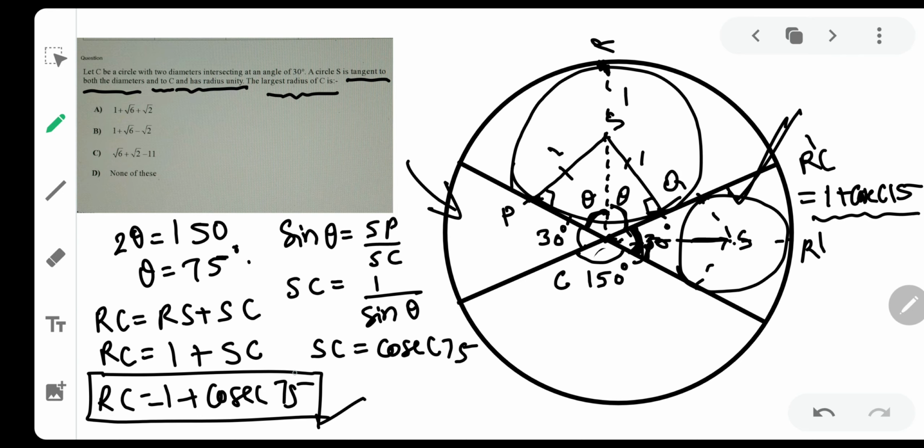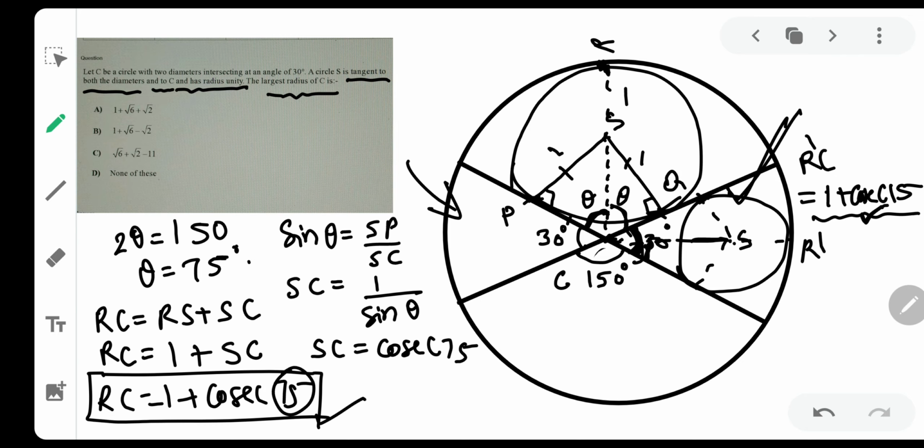It means as the value of theta will increase in the first quadrant, the value of y will decrease. It means cosec theta will decrease. So in short, cosec 15 is greater than cosec 75.